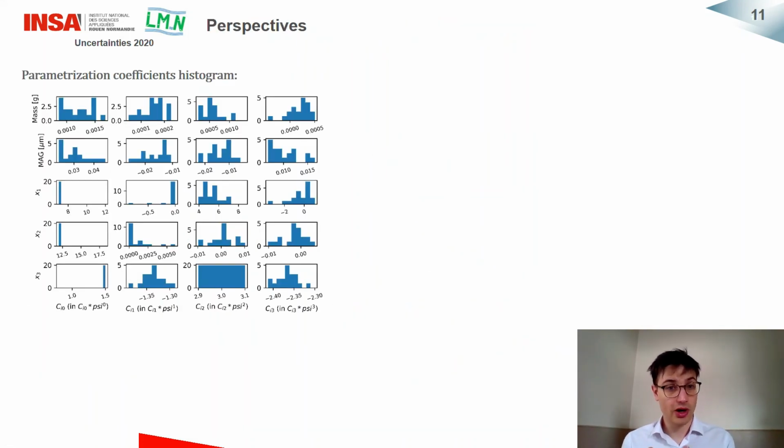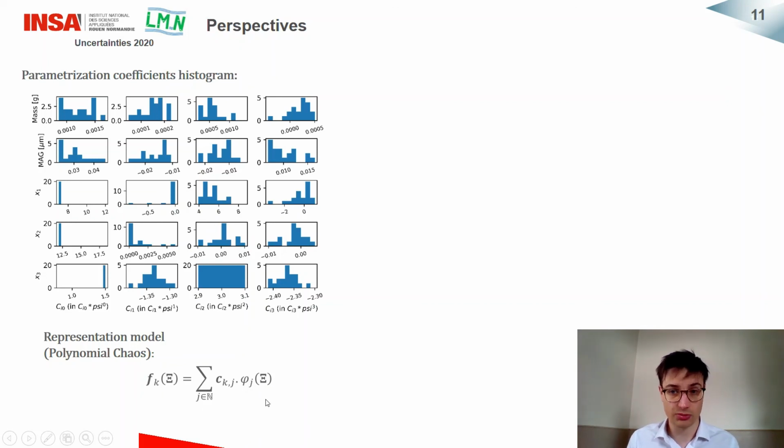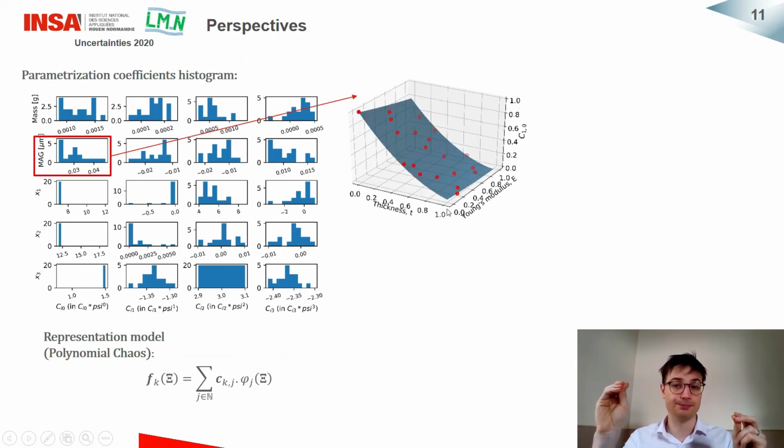The main benefit of our parameterization methodology lies in the perspectives. So we get a set of coefficients that correspond to performance functions or to design variables. We have a polynomial of degree 3, so we have 4 coefficient types, and then we calibrate the polynomial chaos representation model in order to establish the link between the coefficient value in each case and the corresponding random variable value.